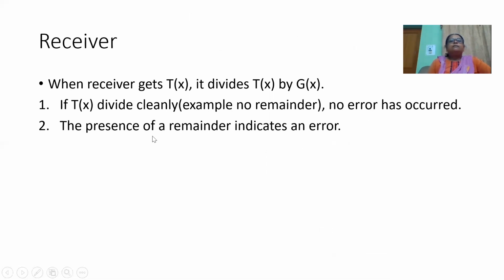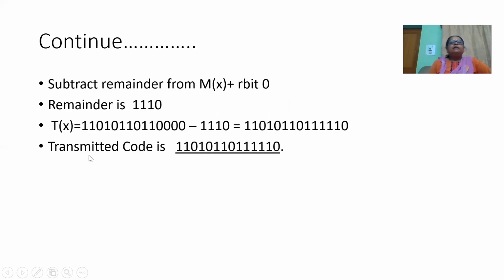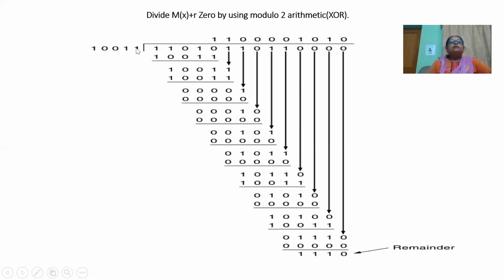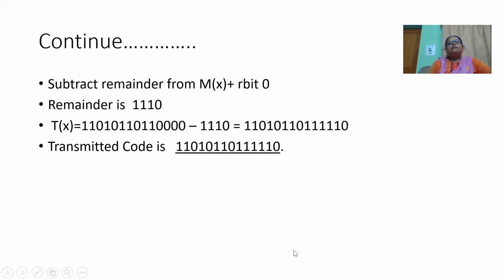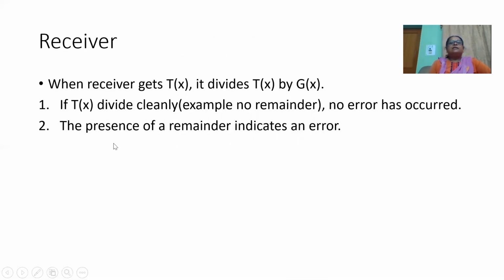If there is a remainder, it indicates an error in transmitted code. You can check by dividing this transmitted code by generator. If remainder is 0 0 0 0, then your division is correct.